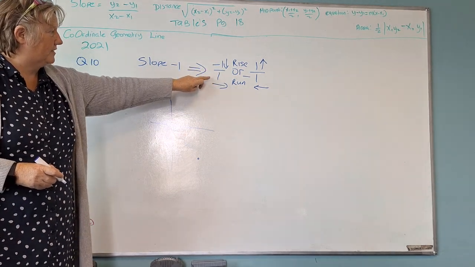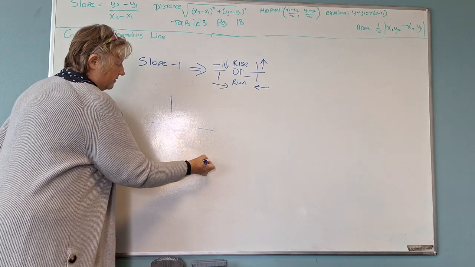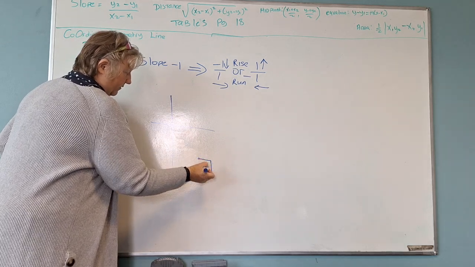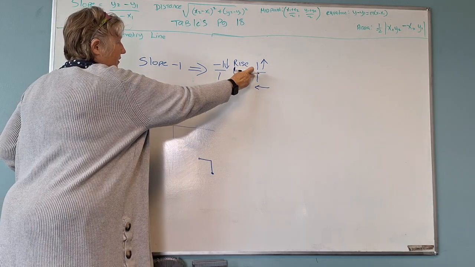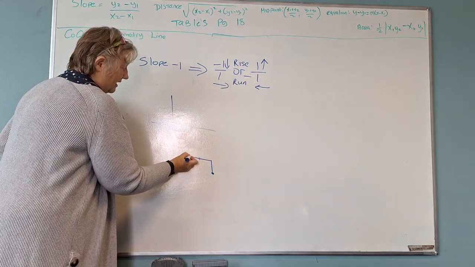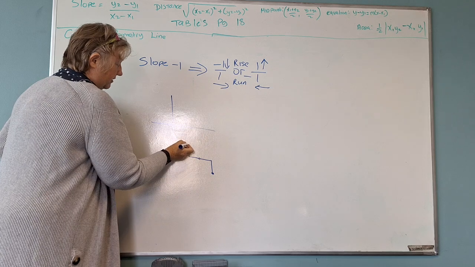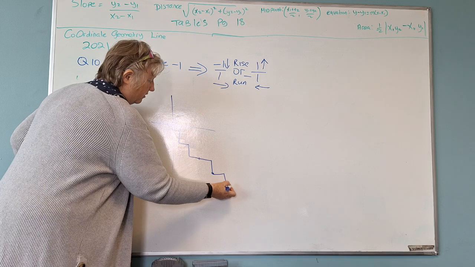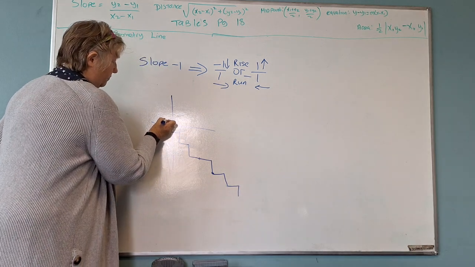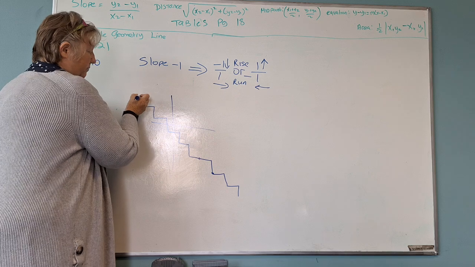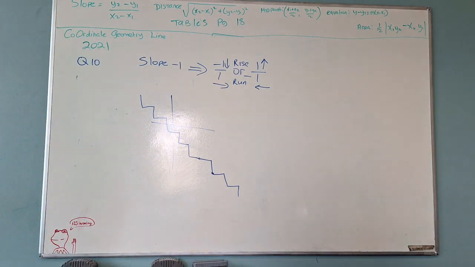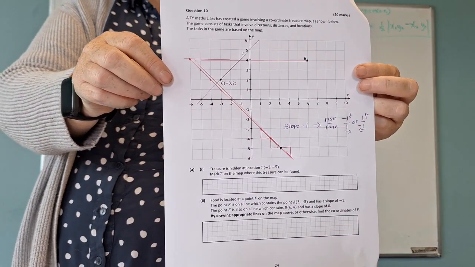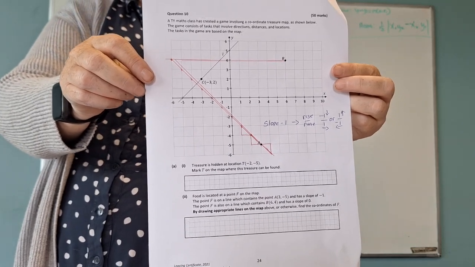If I do this one first, the run is going over and the rise is going down 1. Then this one, the run is going backwards and the rise is going up. If I keep doing this, over, down, over, down, over, up, over, up, you keep doing that until your line meets B. And where the two lines meet, that is your point F.